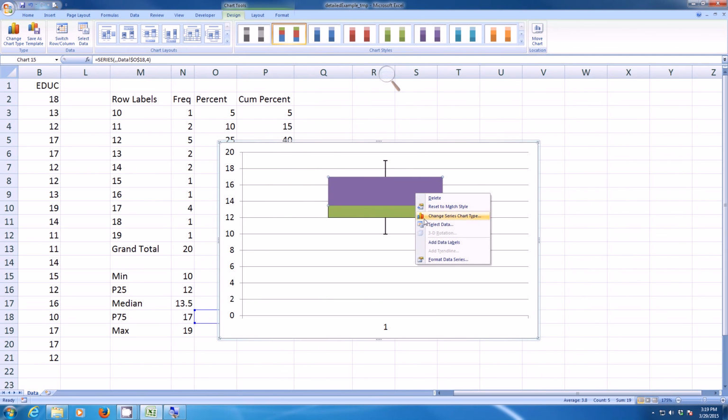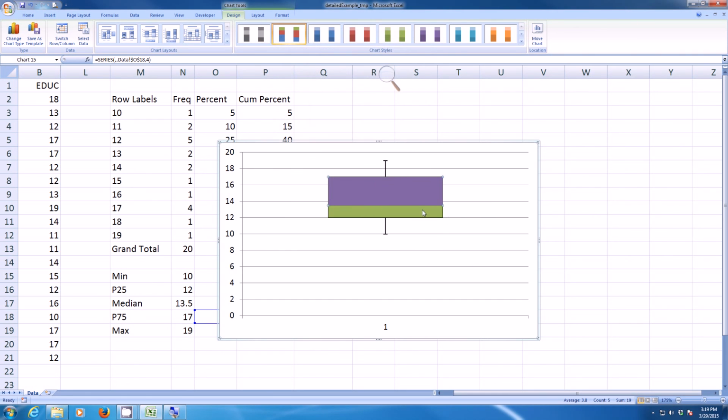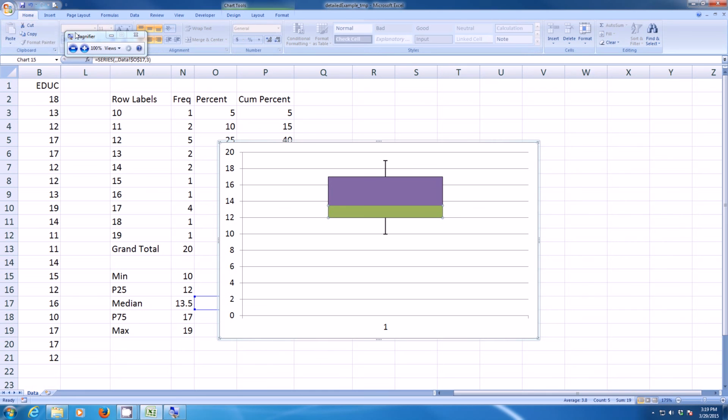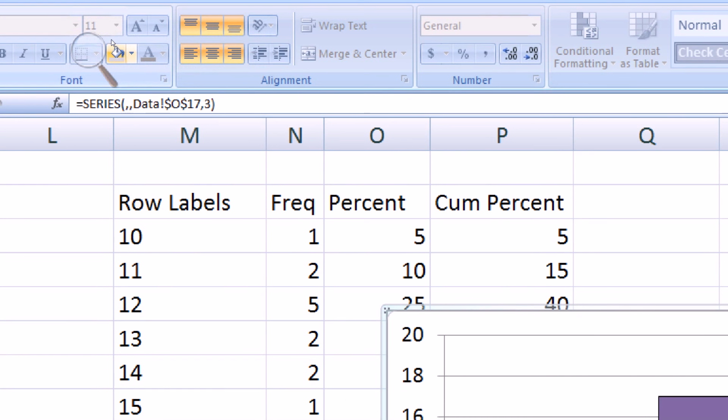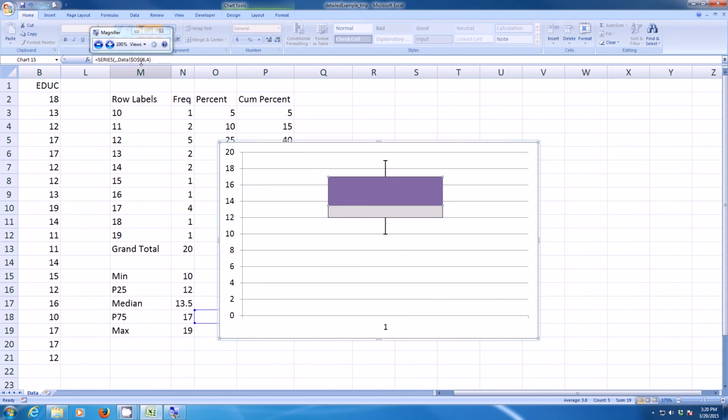We can do the same thing here, format this data series, put a border around it with a solid line of black. And now if we click up where it says Home, the Home on the ribbon, we can change the colors so that they're gray. And we can do the same thing for this series. So now we have something that looks more like a traditional box plot.